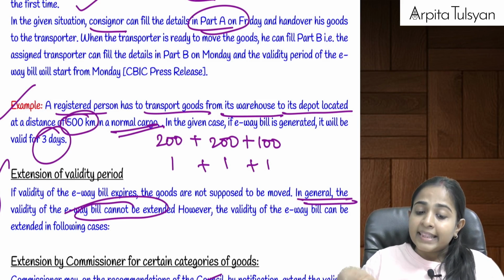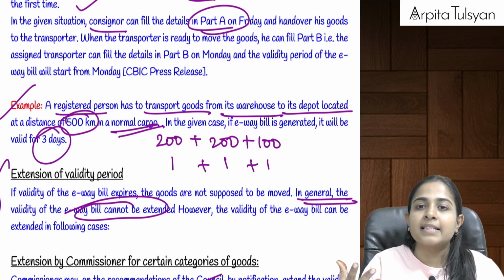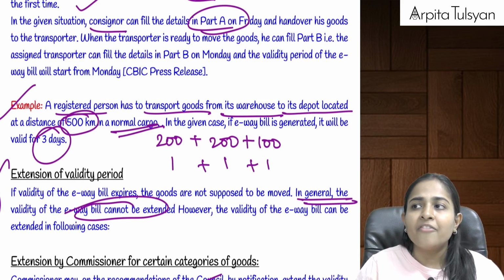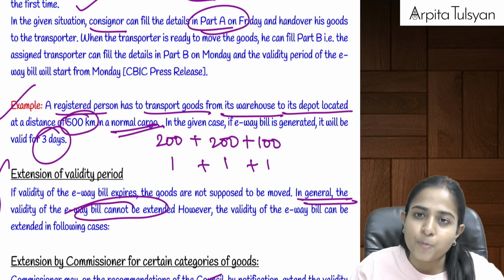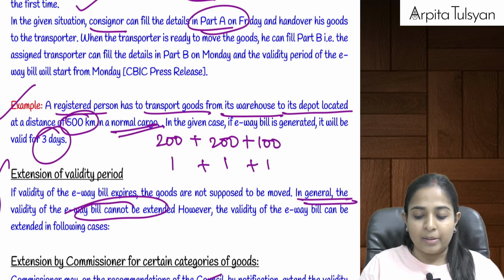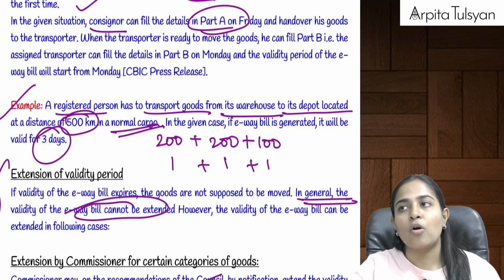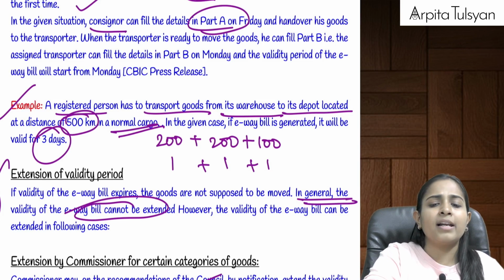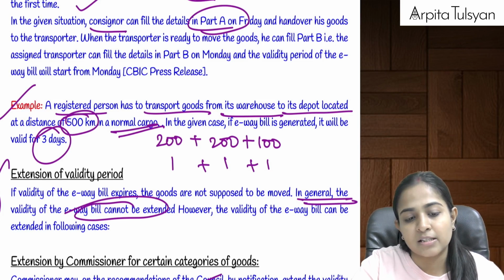Can there be some exceptional circumstances, natural calamity, etc., where it is not possible to complete the transportation of goods within the specified validity period? Yes, there can be a possibility. Let's say there was a war-like situation, or floods, or any such exceptional circumstances.